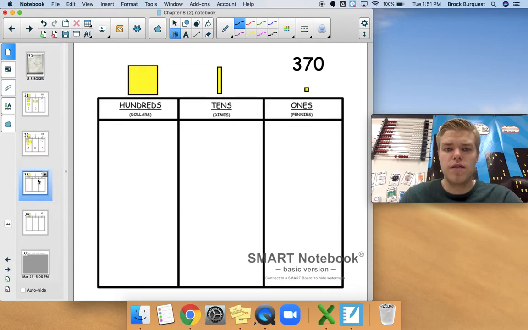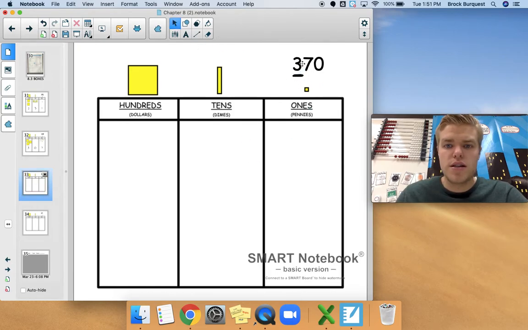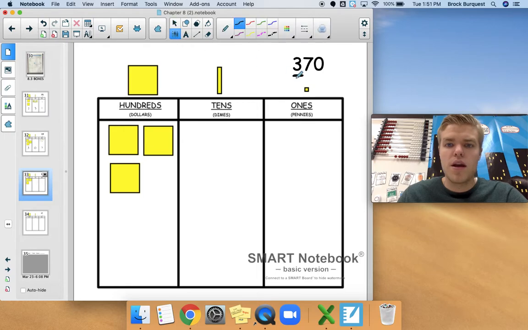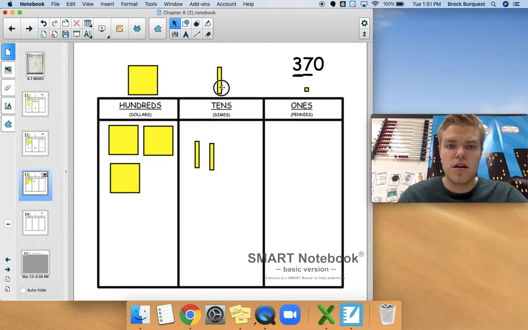Oh, we kind of got to flip one here. Let's start with the hundreds place this time. So I see that number 3, so I'm going to move 1, 2, 3 over there. Now I see a 7, so I am going to move 7 tens blocks. 1, 2, 3, 4, 5, 6, 7.